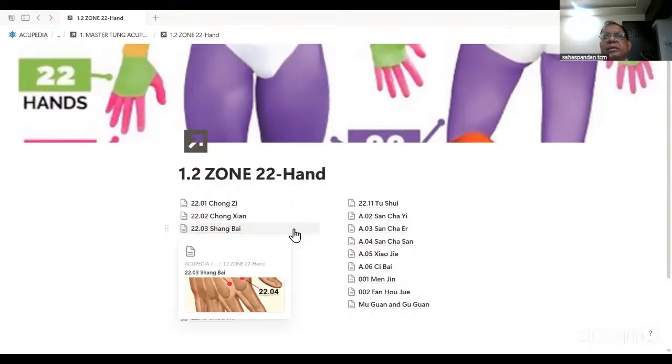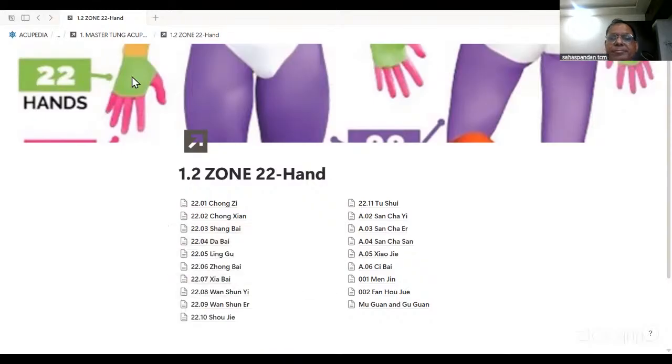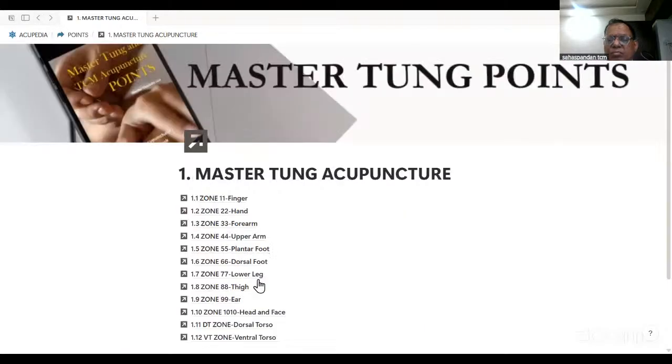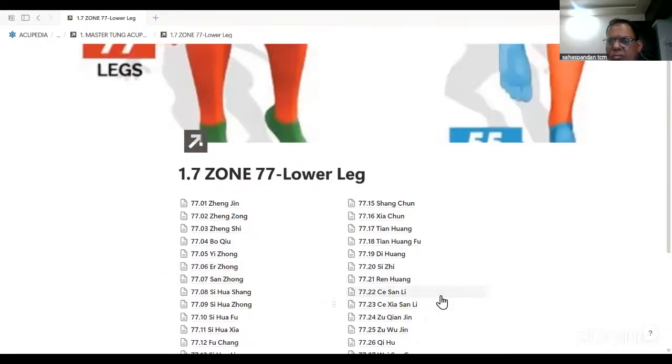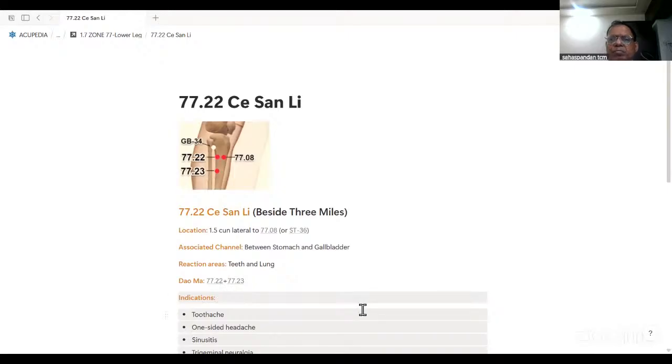It's near GB34. See, this is the GB34. And on the tibia bone, okay, distal to the GB34, 77.22 and 77.23.